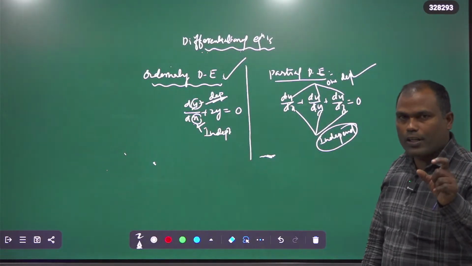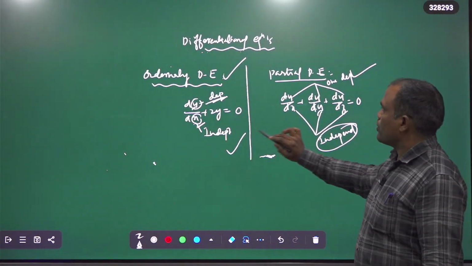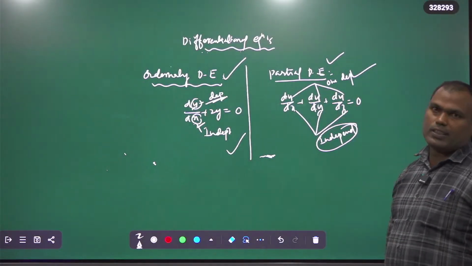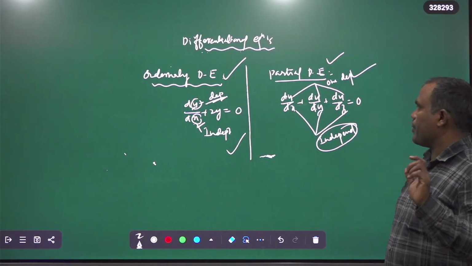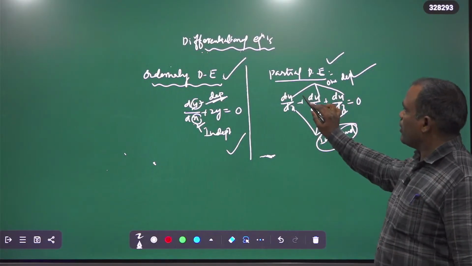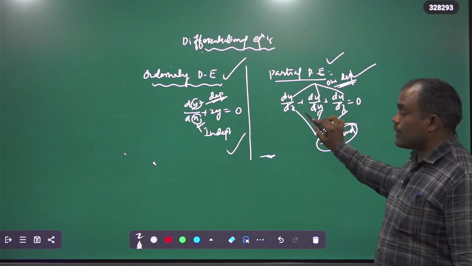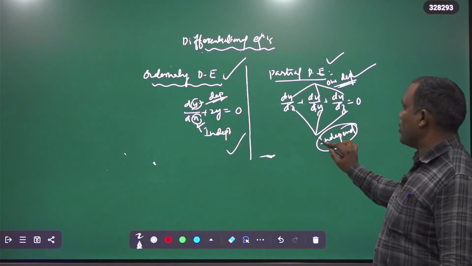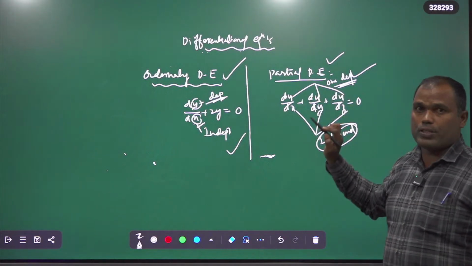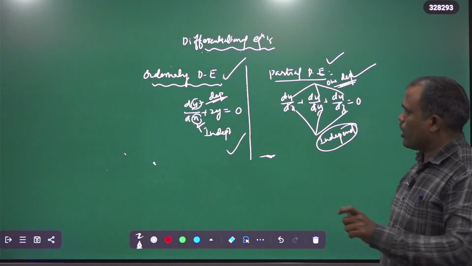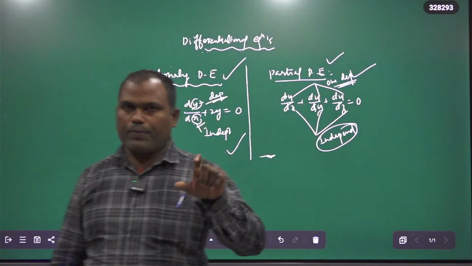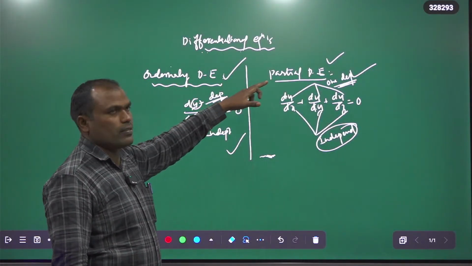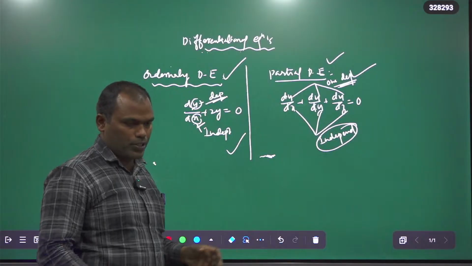A partial differential equation has more than one independent variable. Based on the definition, we can define ordinary as well as partial differential equations very easily.